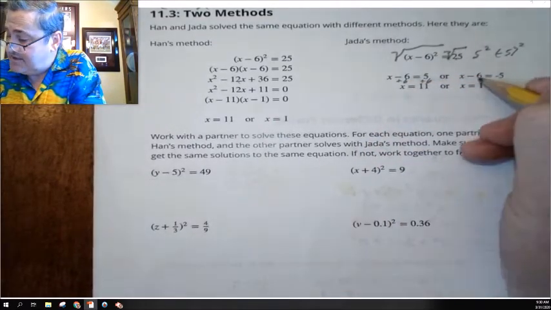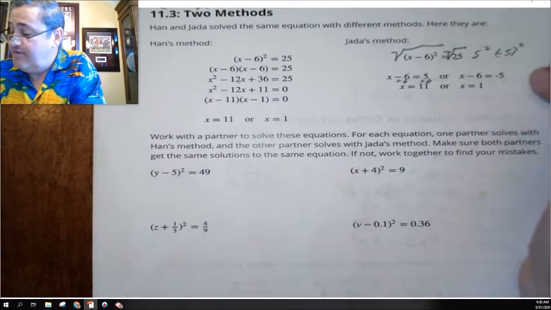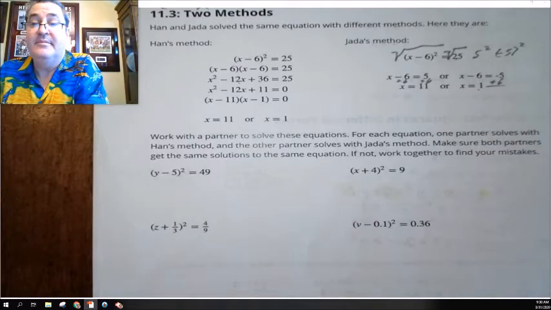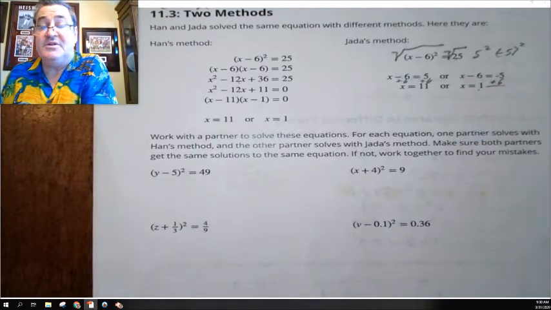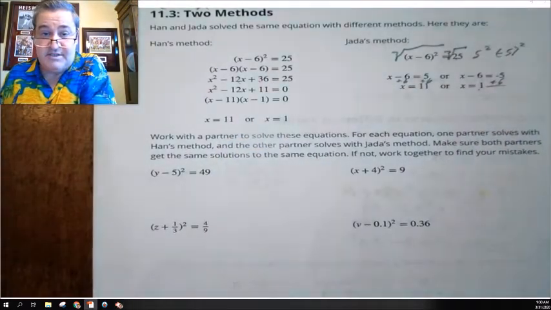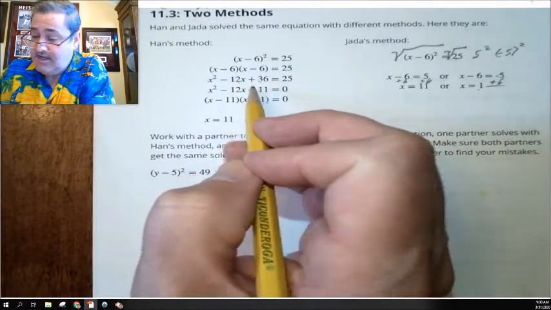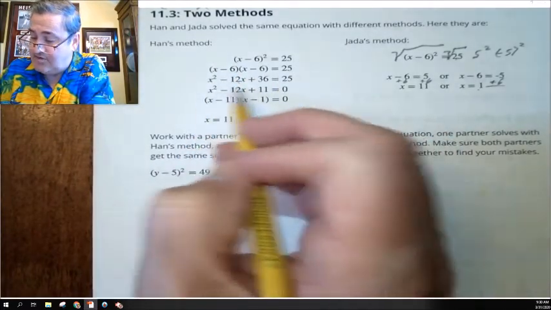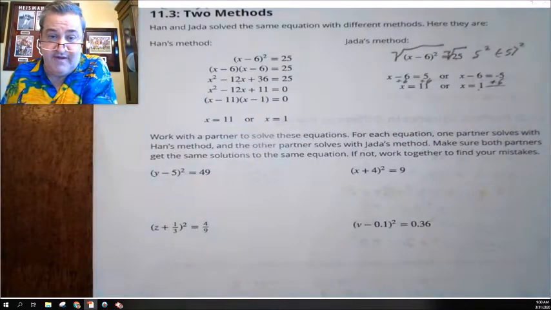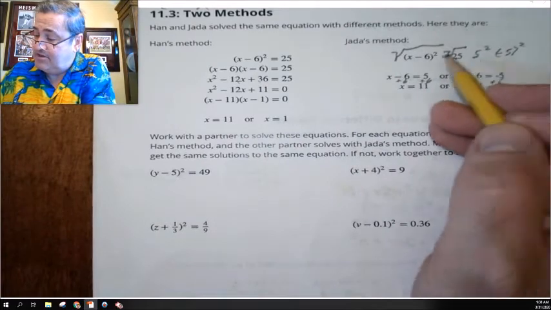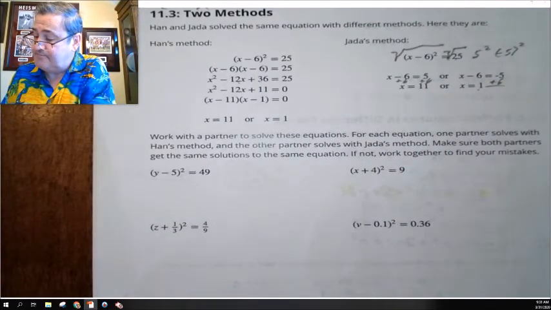On this one, when you add 6 to both sides, negative 5 plus 6 equals 1. It's a shortcut. It didn't require nearly as much work as this did. First, we had to distribute and find the standard. Then when we moved that over, we had to take the standard and go back to the factored form just to get to the answer, where Jada took a shortcut here.